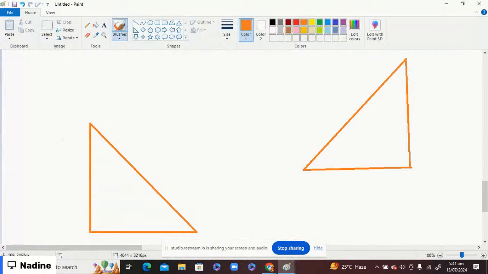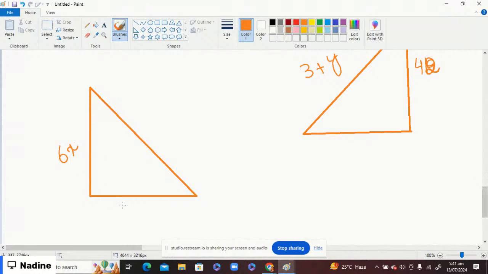The first one has 6x, and the next one has 3 plus y. It's the same, only with y.